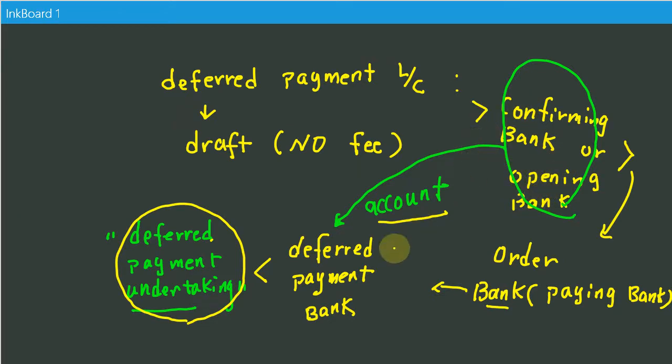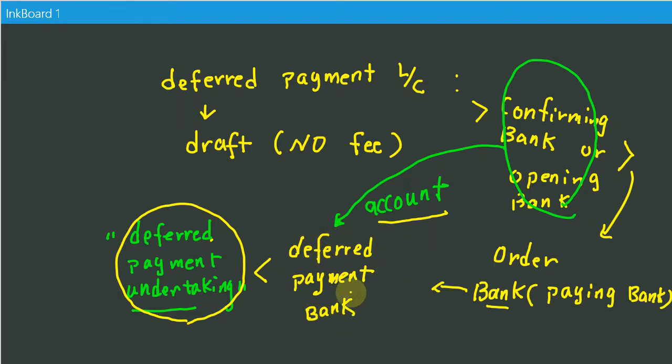So to let the deferred payment bank pay on a certain day later, the confirming bank or opening bank should open an account with deposits as much as needed to pay the deferred payment.